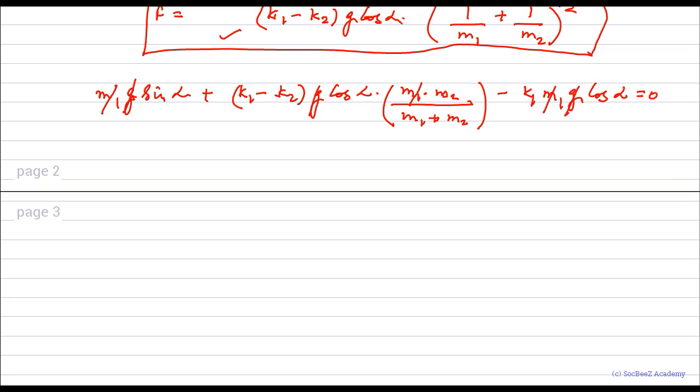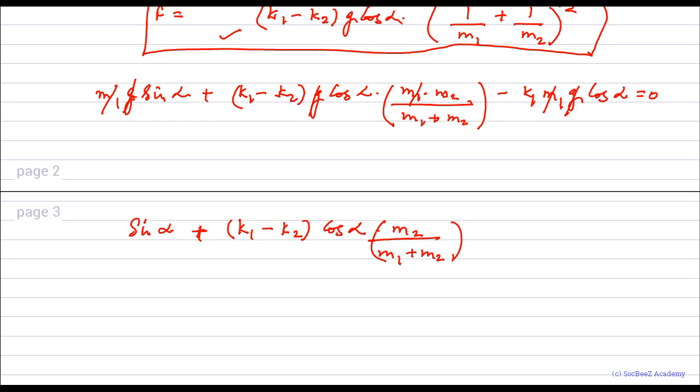Fine, so my expression becomes sin of alpha plus k1 minus k2 into cos of alpha into m2 by m1 plus m2 minus k1 cos of alpha equal to 0.